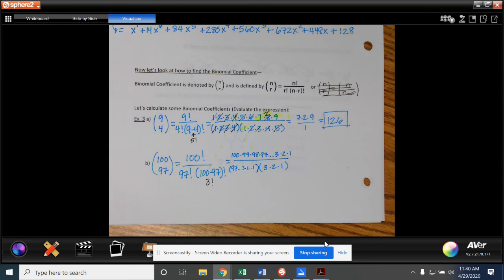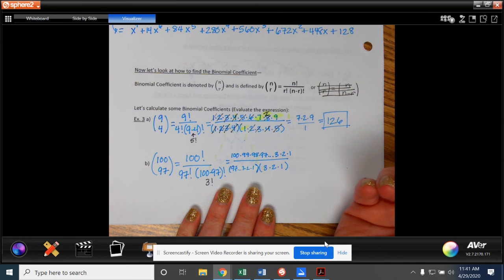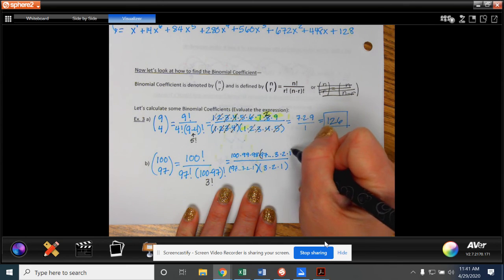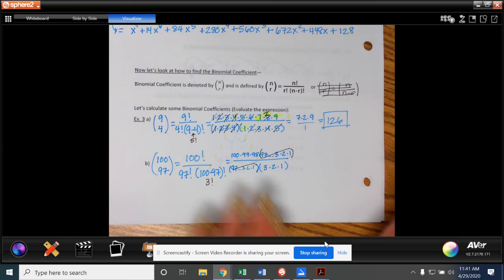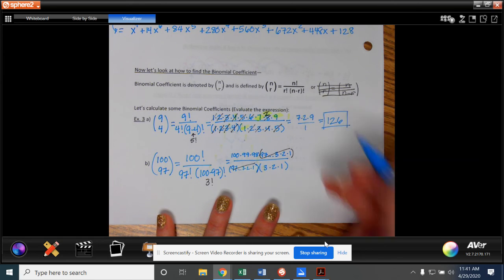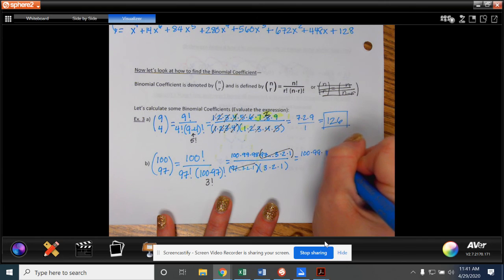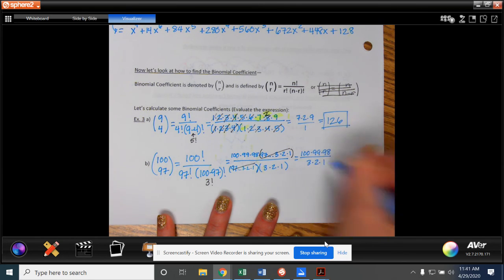And I go, okay, before I multiply anything, let's get rid of some. Well, isn't this the same as going from 97 to 1 here? Absolutely. So anything divided by itself is 1. And if you don't want to do any more reducing, then all you have left is 100 times 99 times 98 over 3 times 2 times 1.